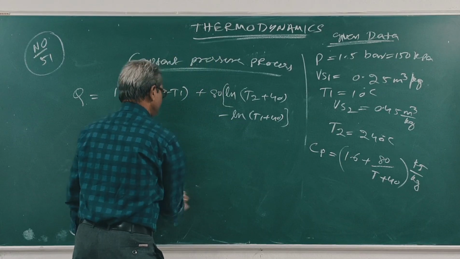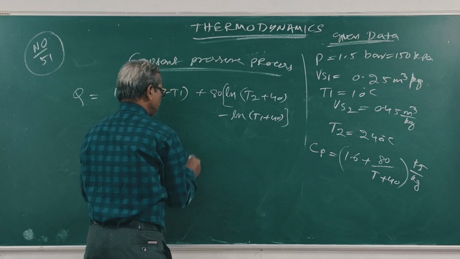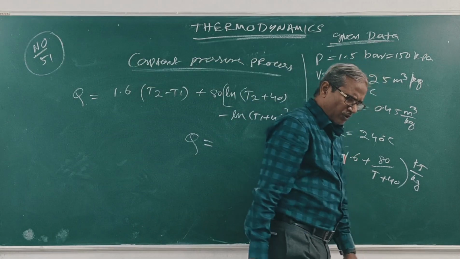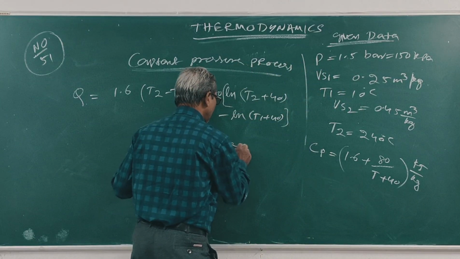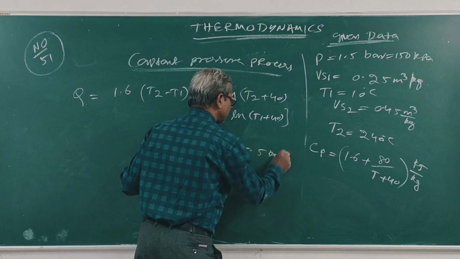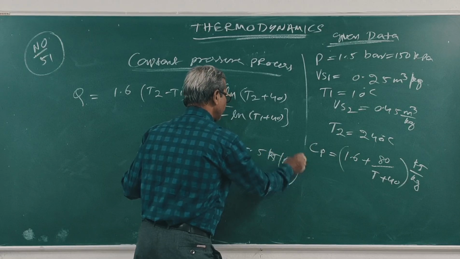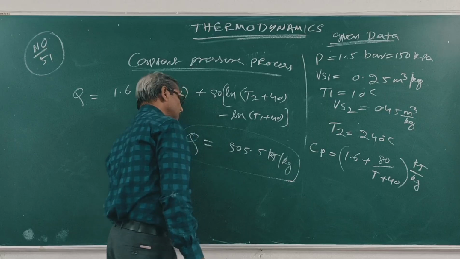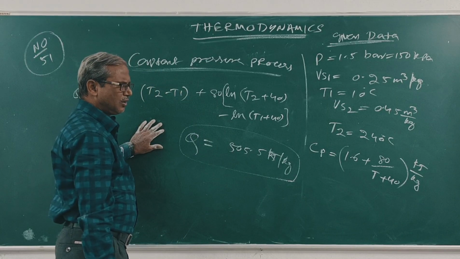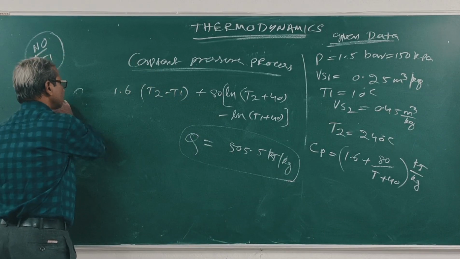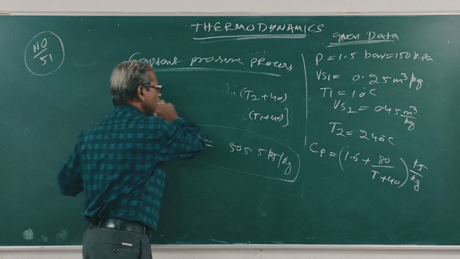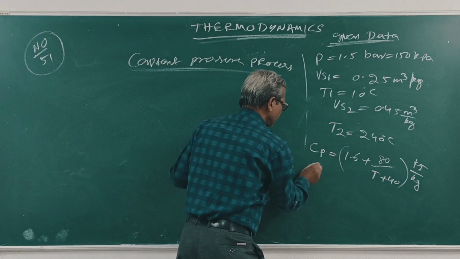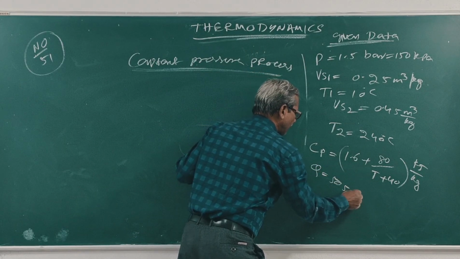So after solving, the answer becomes Q is equal to 505.5 kilojoule per kg. Clear? This is the answer for Q. Similarly, work done.